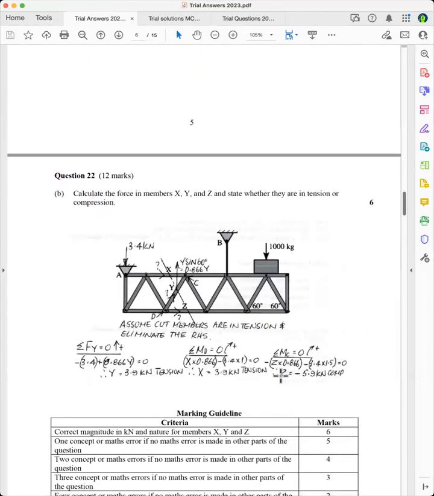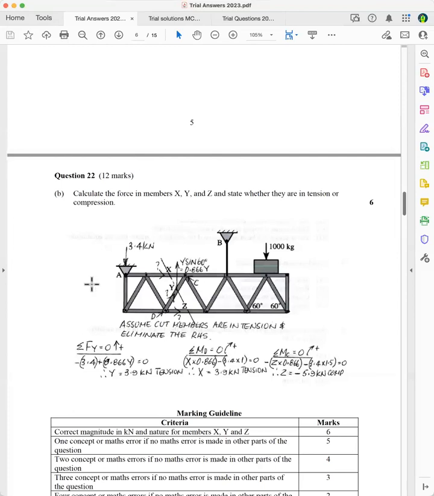These are a little bit more difficult, as you can see with the marks, 6 marks, 2 marks for each force. So the theory behind this is that you cut the truss, you neglect the other side, and this remainder of the truss has to stay in space with these 3 forces holding it up. So everything's in equilibrium.